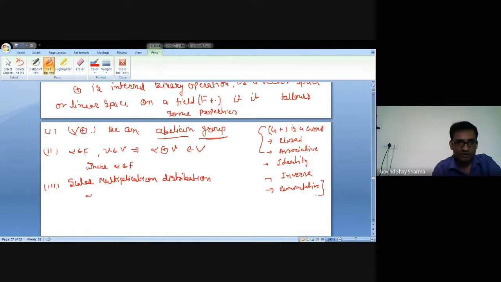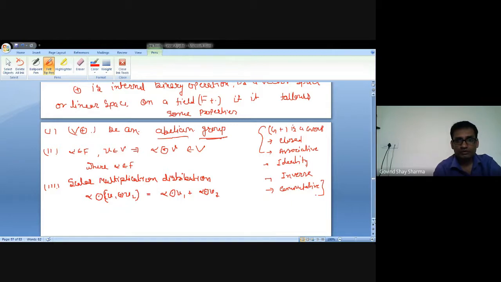That means alpha dot (v1 plus v2) is equal to alpha dot v1 plus alpha dot v2. This is the distribution property.